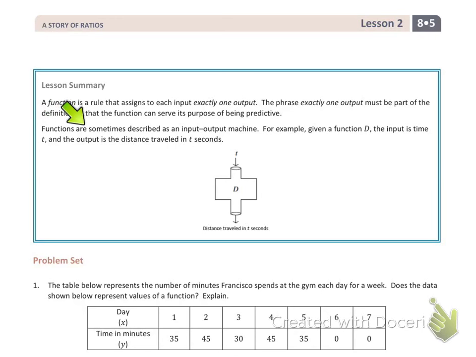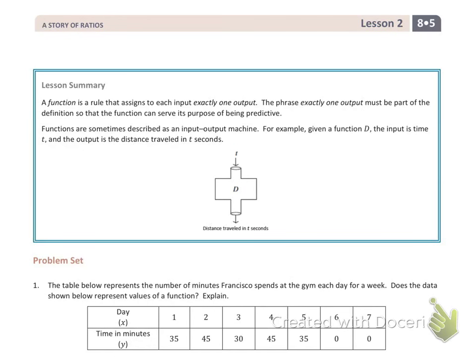So functions are sometimes called input-output machines, or can be described as an input-output machine. So if we have a function d, the input is time, the output is distance traveled in however many seconds. So, okay, we have looked at a formal definition of a function.